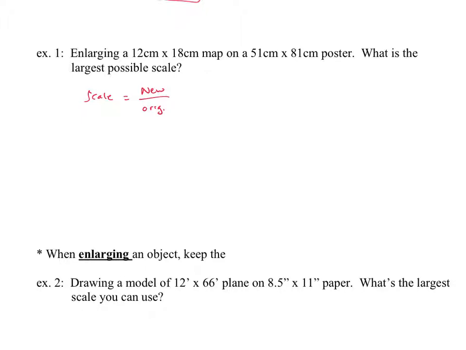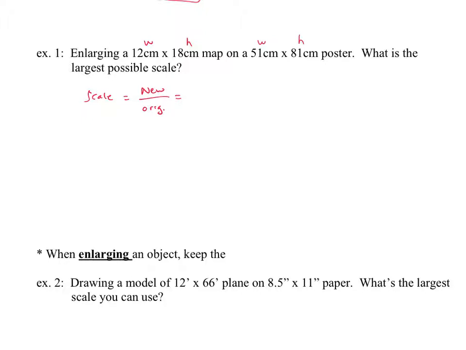Well, we're going to take the map and put it onto a poster. So the poster has to be the new. We could look at this as width and height, and width and height. So we have the two smaller ones both being widths, the two bigger ones both being heights. It doesn't really matter which is width and height, but we have to figure out what scale we could use for the width to blow it up, and what scale we could use for the height.